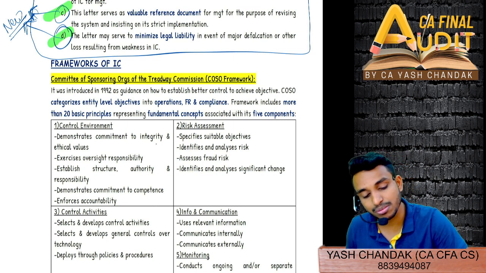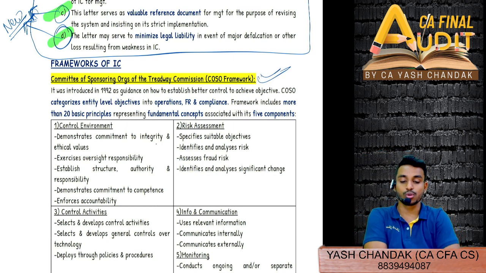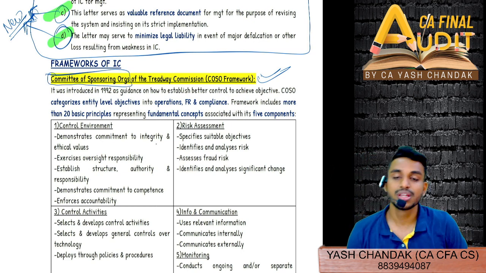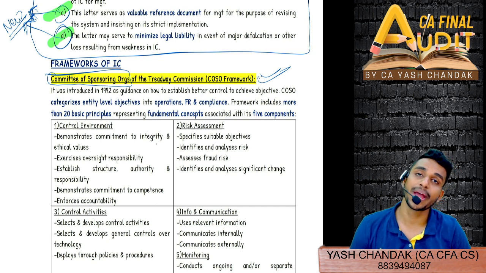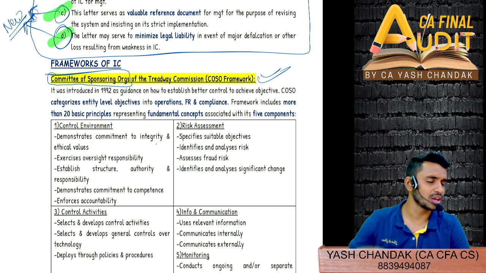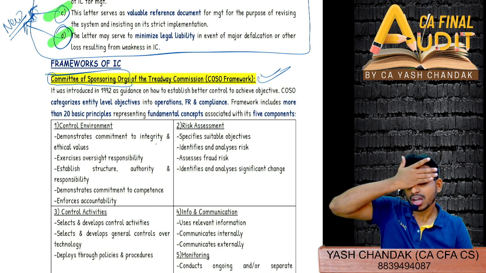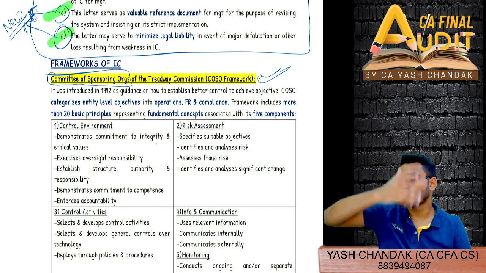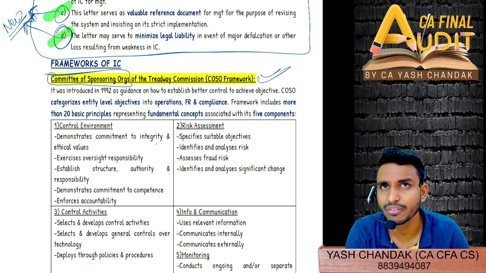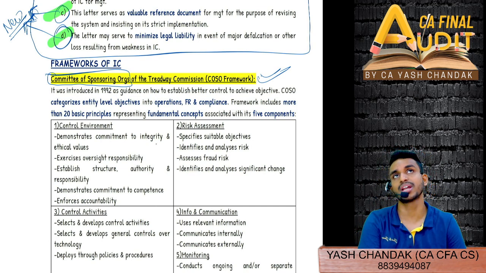The first framework is the COSO framework, Committee of Sponsoring Organizations of the Treadway Commission. This was built long back when a few frauds happened outside. They created this committee of sponsoring organizations, and COSO came out with 21 principles, as far as I remember.